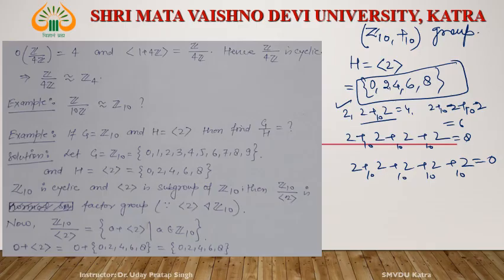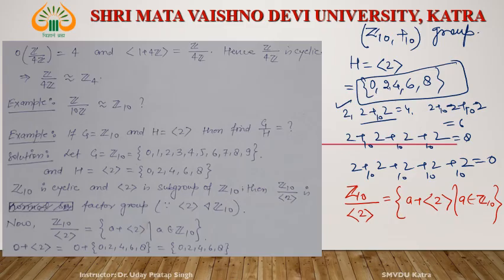Now what are the elements of Z10? Right? Take a coset a plus the subgroup generated by 2, where a is an element of Z10.